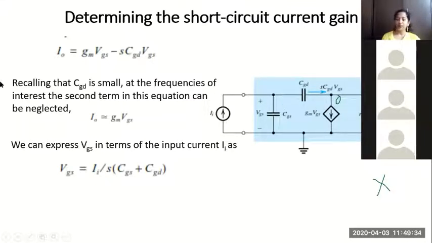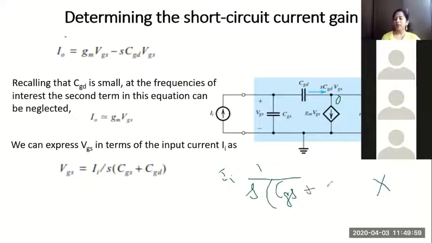Okay. So now you'll see the voltage VGS is current II into what? II into 1 by effective capacitance, S into CGS plus CGD.